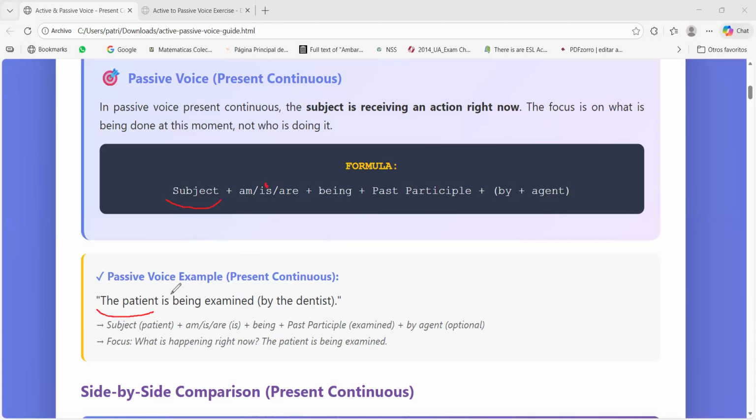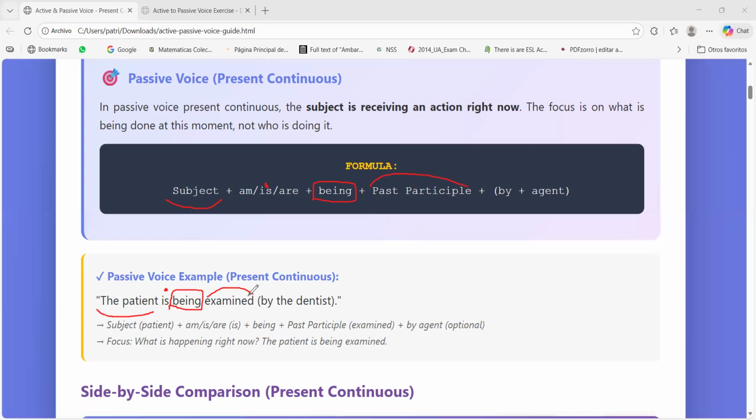Is. Being. Action, another action, the main action, past participle.